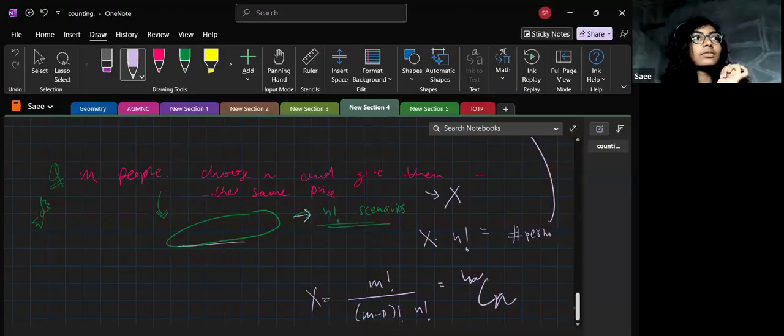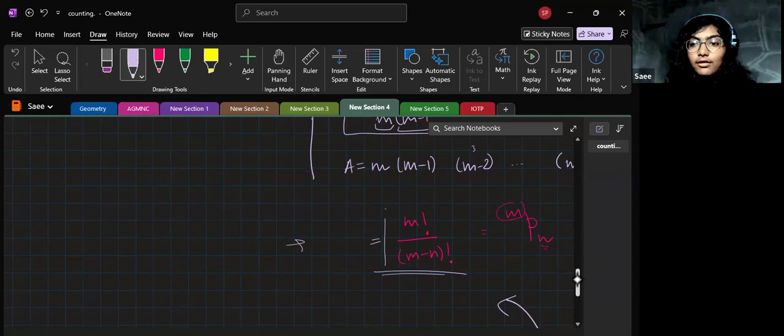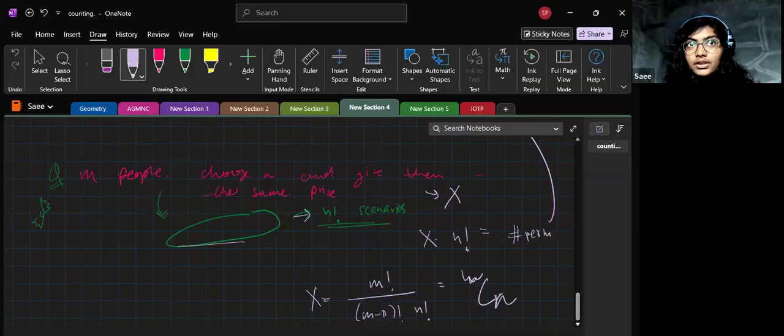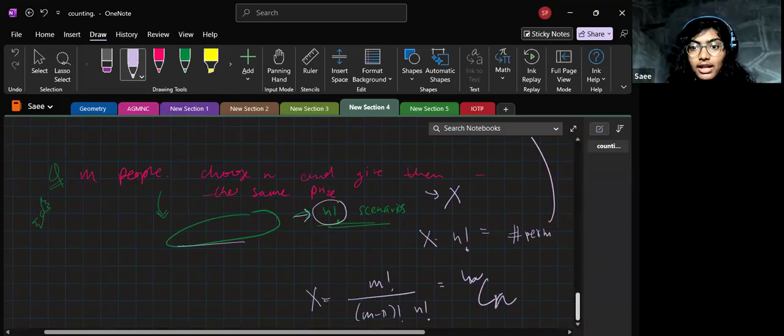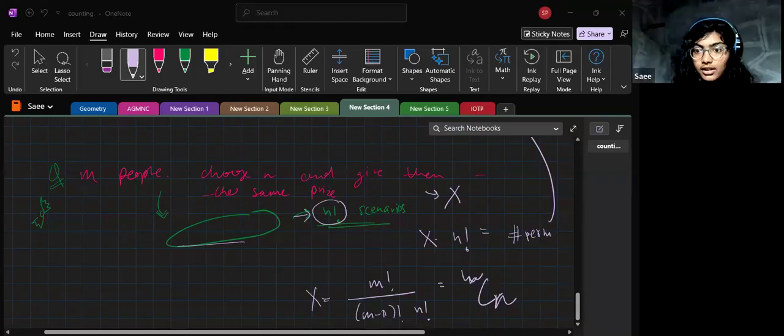The way to get to the earlier scenario of everybody getting a different prize would be to permute each of these scenarios, and there are n factorial ways of permuting each of these scenarios. That's why the n factorial is coming. Does that make sense, or do you want me to take an example? Yes, take an example.